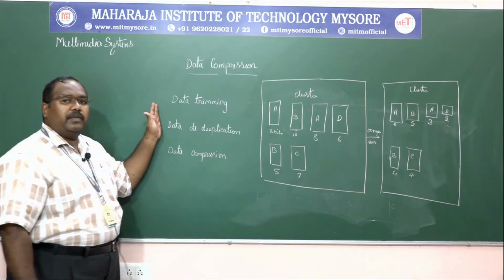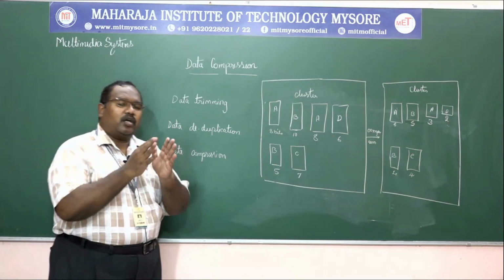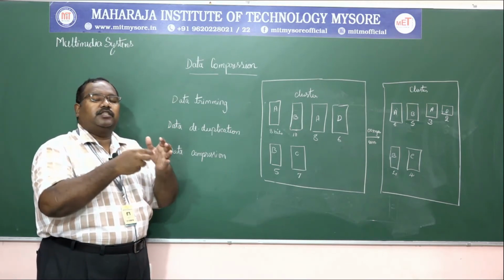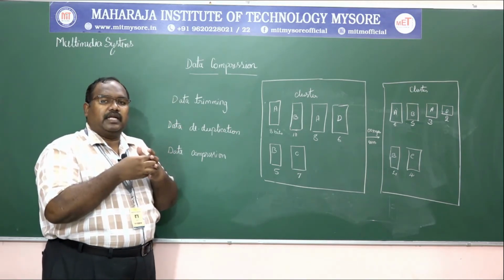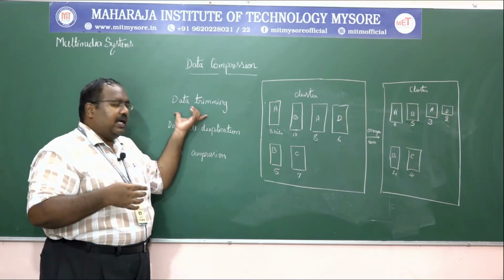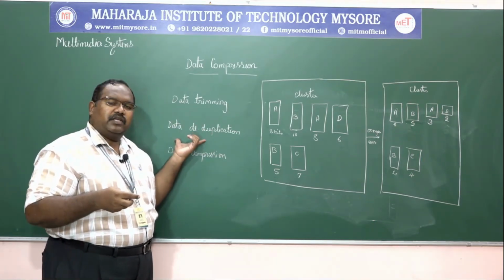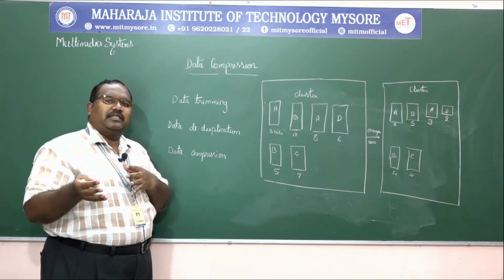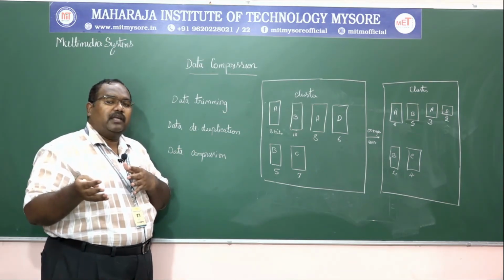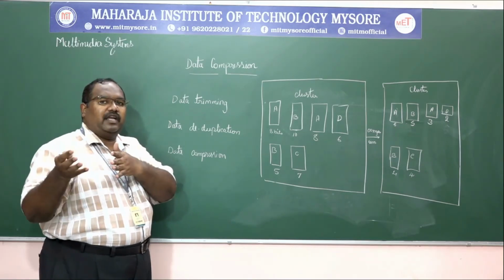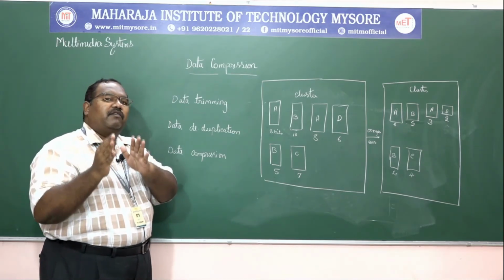The first one is data trimming, where we trim or chop the unwanted things and retain the wanted data for future execution. That concept is called data trimming. Whereas in data deduplication, we remove the duplicated or repeated files and retain one copy of every file.